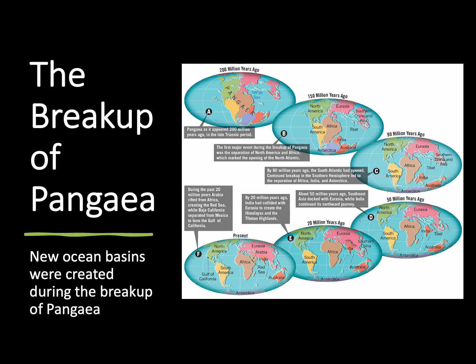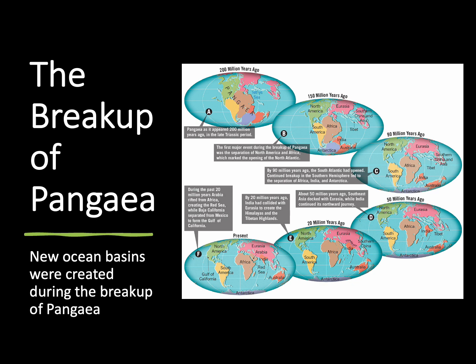When we get to C, we'll notice that Southeast Asia has now collided with the rest of Eurasia, while the Atlantic Ocean is continuing to diverge and get bigger. By the time we get to 50 million years ago, now most of our southern hemisphere has broken up into the continents, and India has made a pretty decent journey from near the South Pole to the equator.